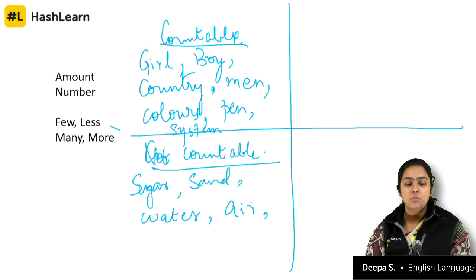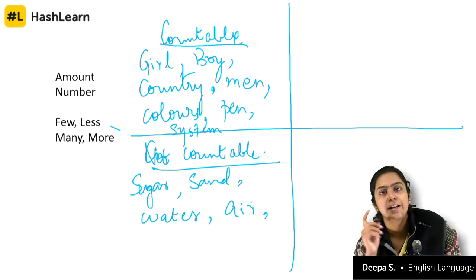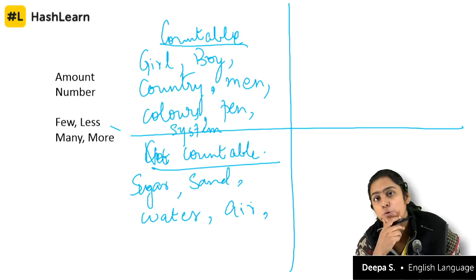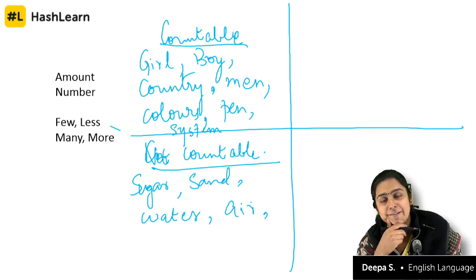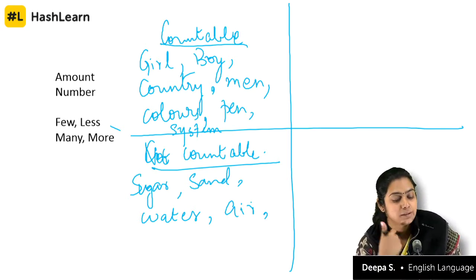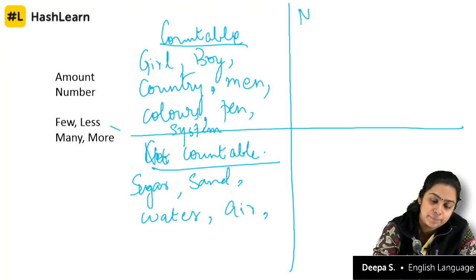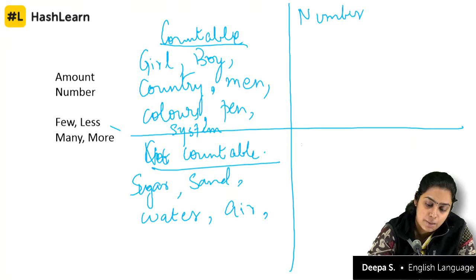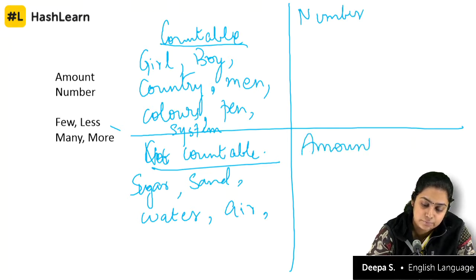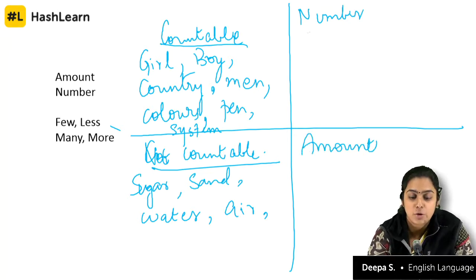Okay. Now, when you are talking about countable nouns, okay, always remember to use countable words associated with these. You say number here, amount here. Okay. Now, look at this.